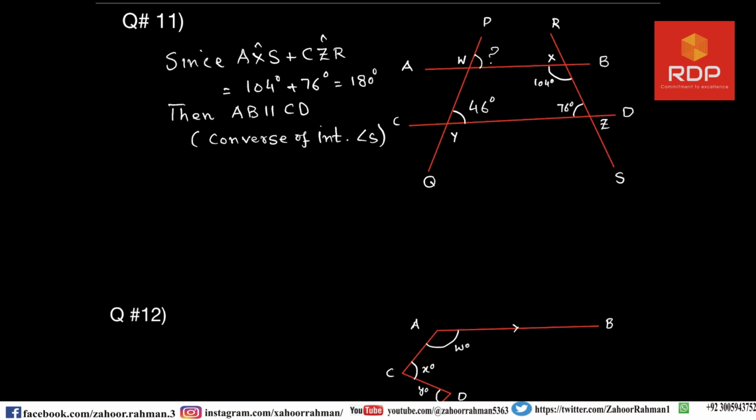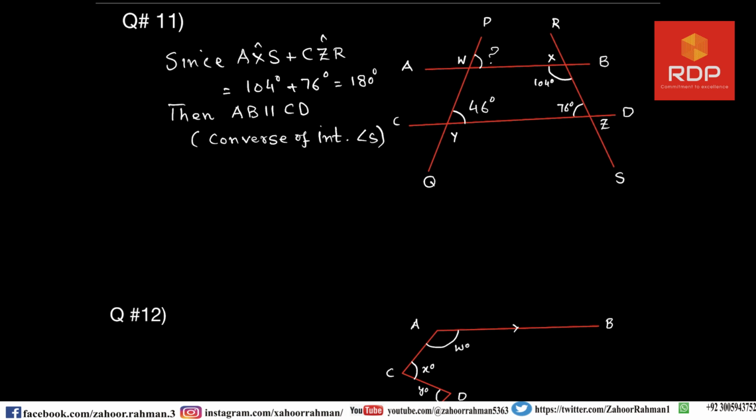But the converse is also possible, that if 104 and 76, which is this area, is equal to 180, and you can see that if we are taking the sum of those two angles, then it is equal to 180 degrees.